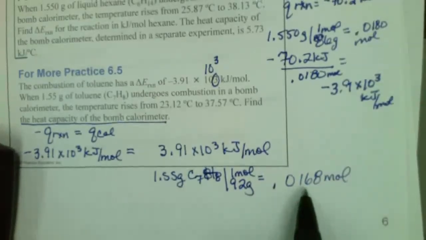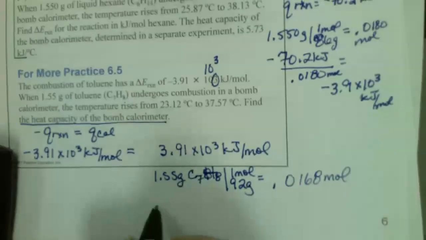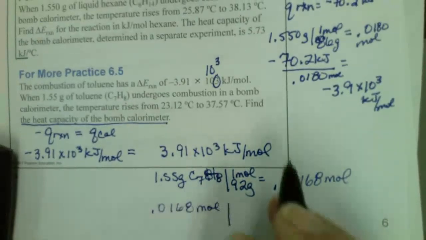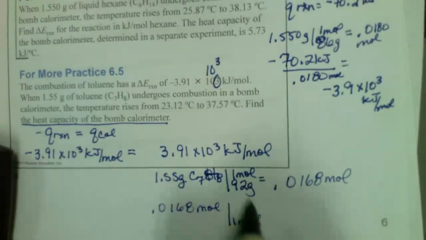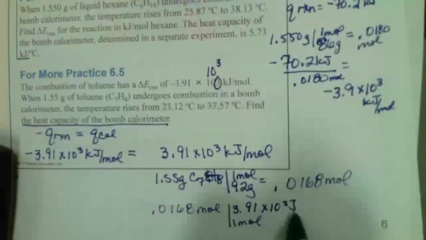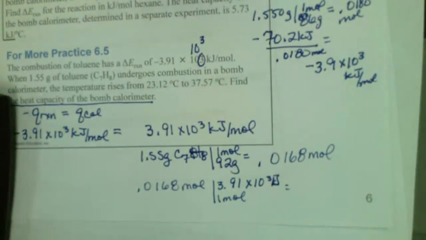I have 0.0168 moles. Okay. So 0.0168 moles. And we know for every 1 mole, we get 3.91 times 10 to the third kilojoules.